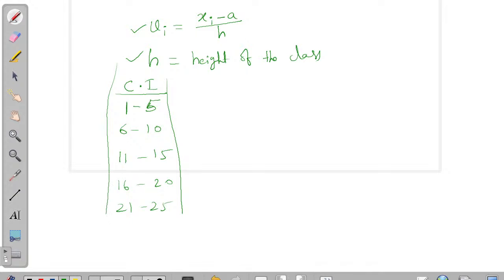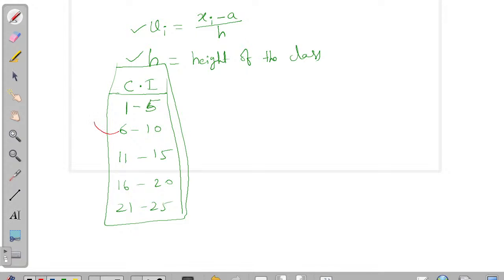We have to find h. How can we find h? You have to subtract two successive lower limits or upper limits.